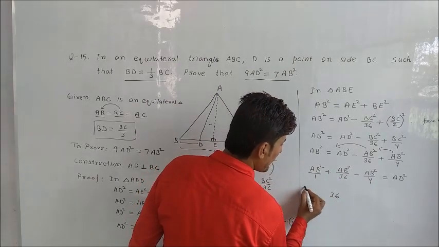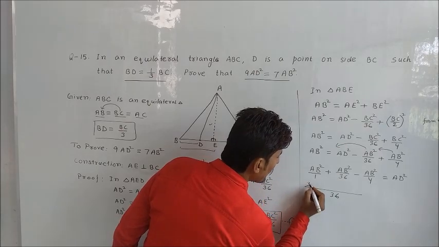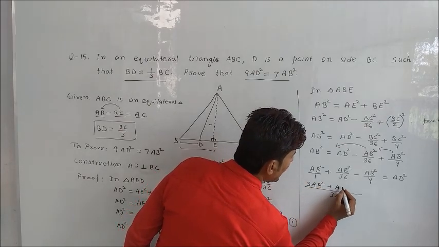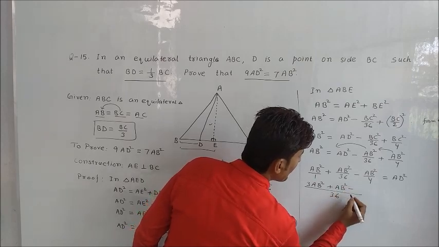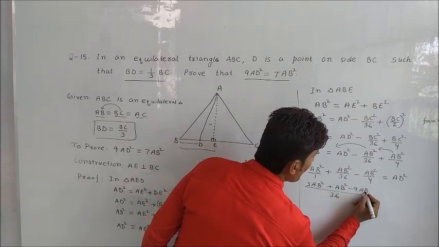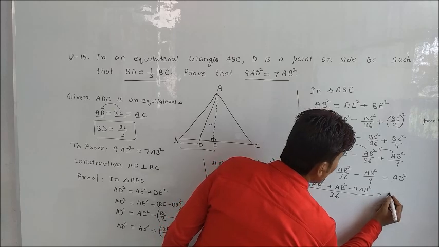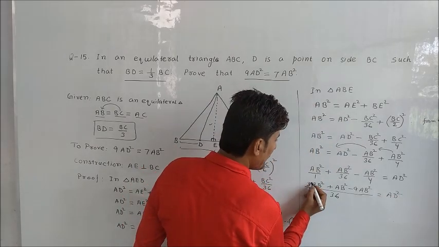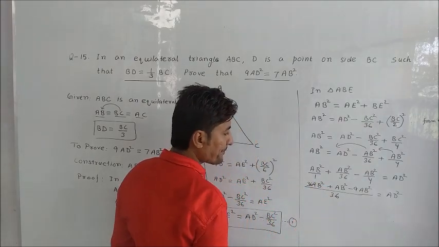The LCM will be 36, and here we can write 36 AB square plus AB square minus 9 AB square equals AD square.